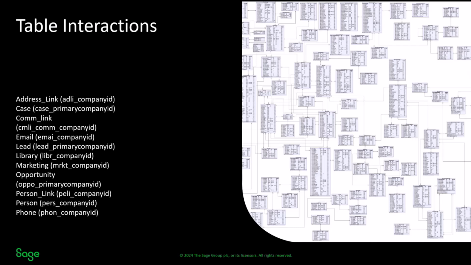And so something like a company record is directly referenced by a whole host of child tables. And just in our example that we've looked at, there's the address table and it's linked to the address link table, the case table, the communication link table, and then there's the email table, the lead table, the library table.